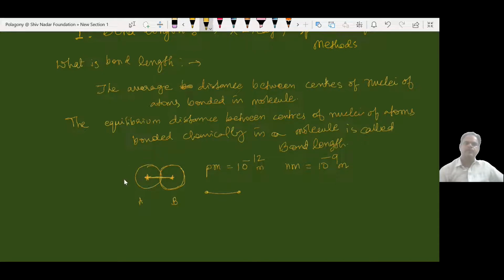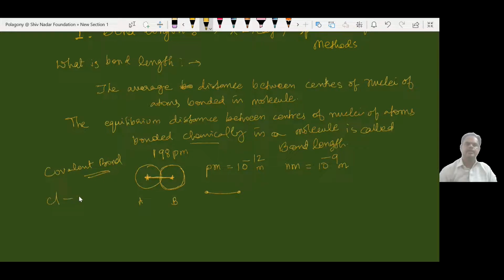Since atoms are very microscopic, if A and B atoms are bonded by a covalent bond, the distance between them should be considered from their respective centers. That AB distance is the bond length, which we express in picometers. If A and B are chlorine atoms, the bond length is approximately 198 picometers. This is a covalent bond because both atoms share a single electron pair, resulting in a single covalent bond.